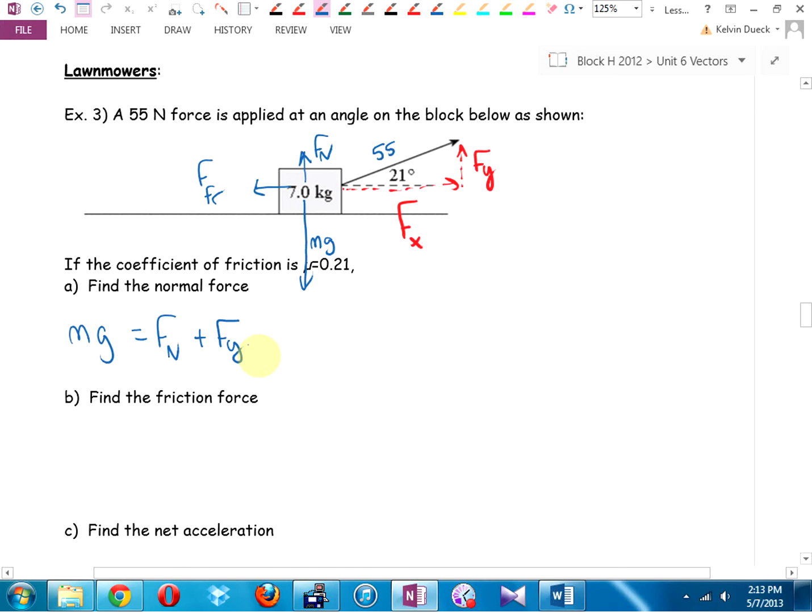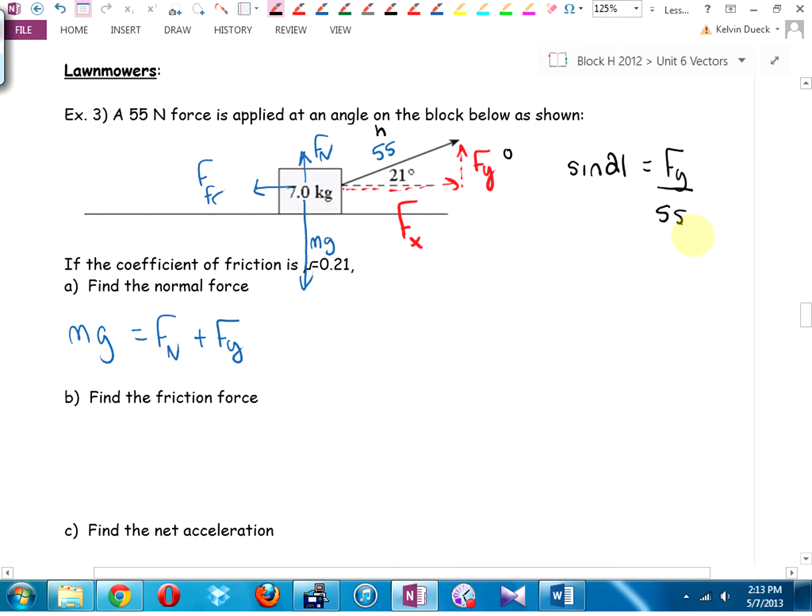By the way, let's go find that vertical component over here, opposite hypotenuse. Which trig function? O and H? Sine, yes? Sine of 21, sorry, I'm thinking the last angle. Sine of 21 equals Fy over 55.